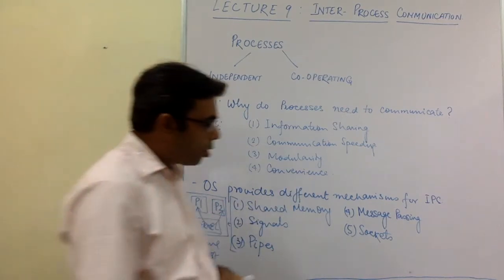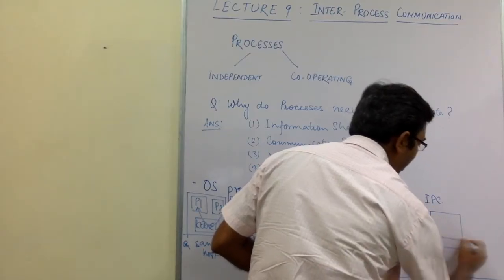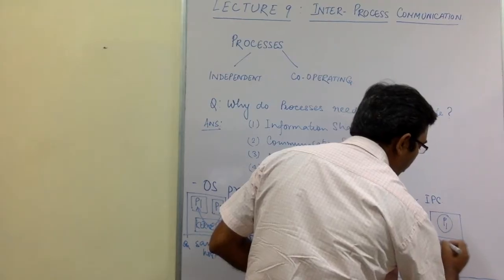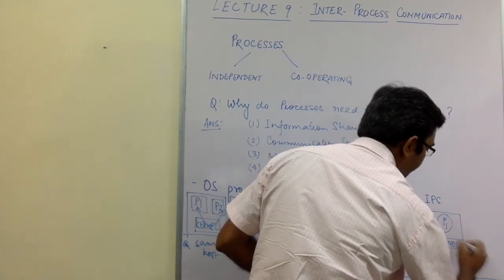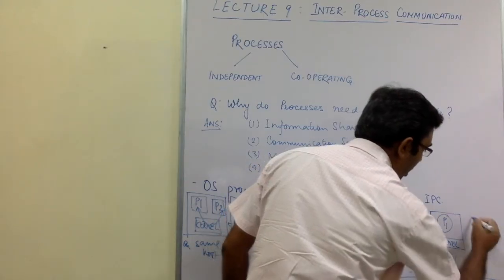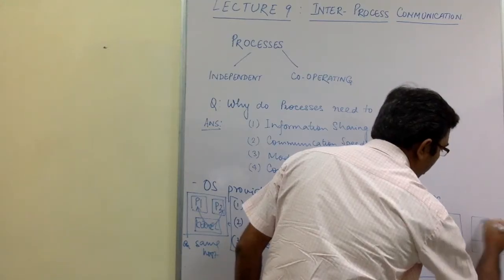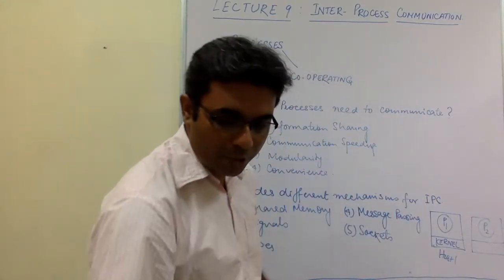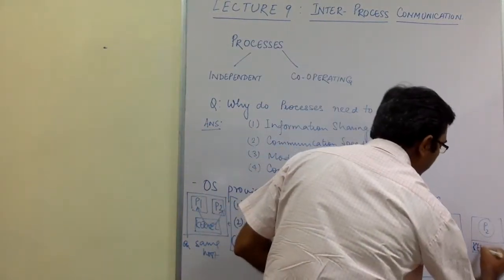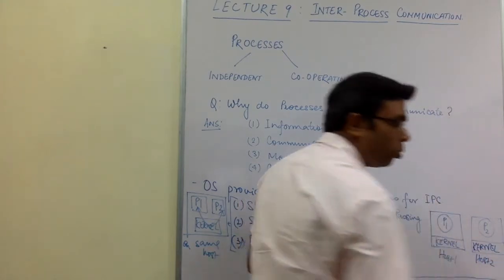On the other side, when you have processes that are residing on, say this is some P1 and this is the kernel of a particular machine, so this is, say, host 1, and now the two processes that would be communicating reside on two different machines, so this is, say, host 2.